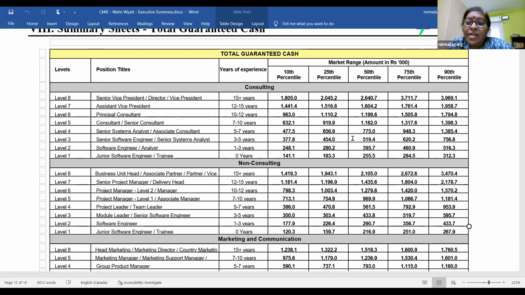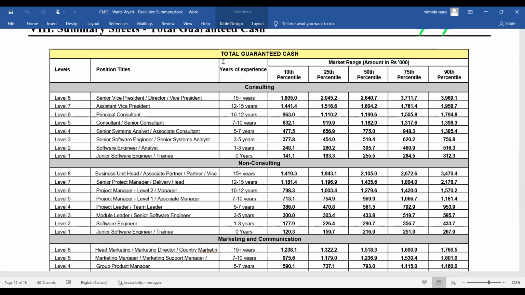Say we are looking at total guaranteed cash. The first and foremost thing when you are comparing is to check what incorporates total guaranteed cash. What are those heads, line items? Are they similar to what I am calling total guaranteed cash? Step one. Is that very clear?